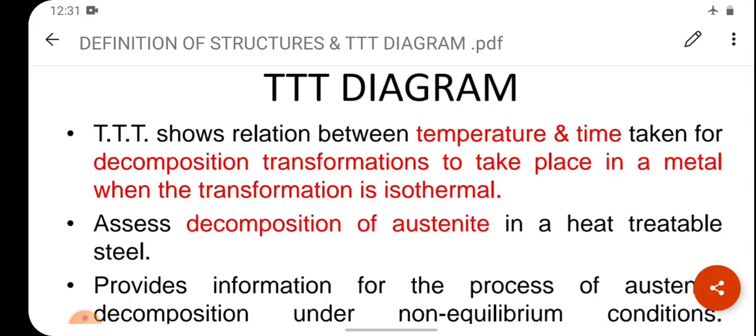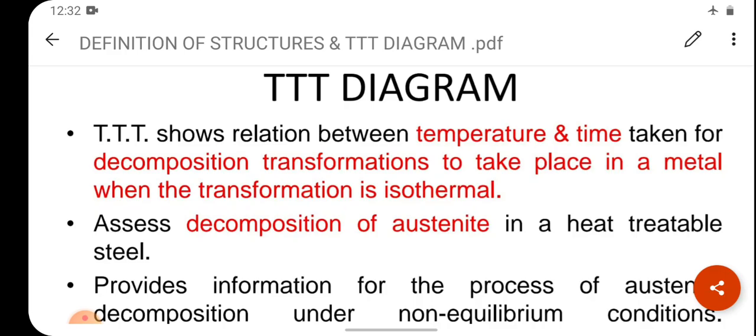What is the TTT diagram? Time temperature transformation diagram. So TTT shows the relation between temperature and time taken for decomposition transformation to take place in a metal when the transformation is isothermal. It is also known as isothermal transformation. Clear?